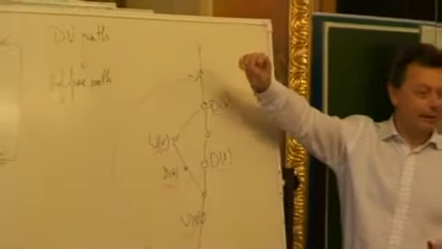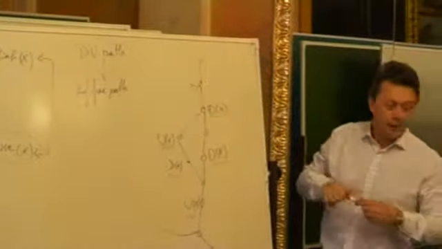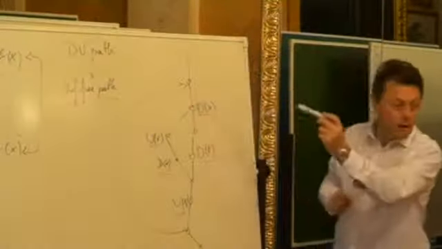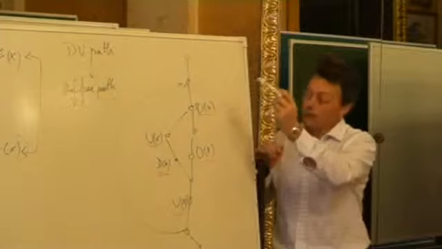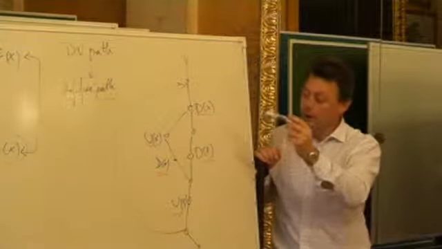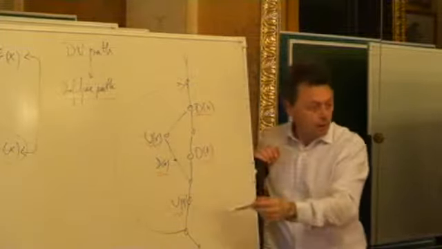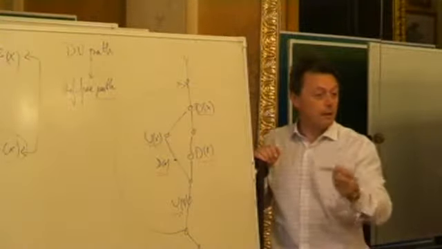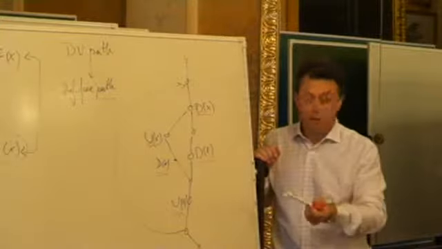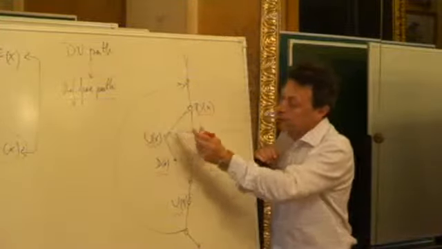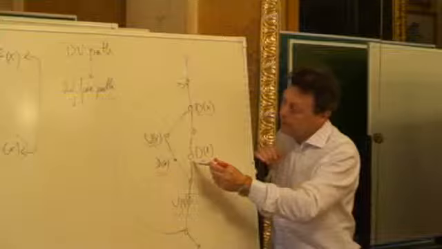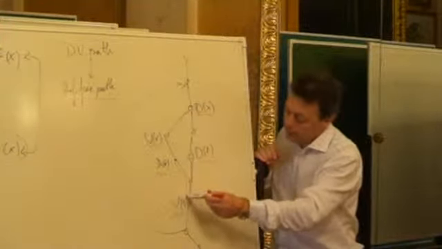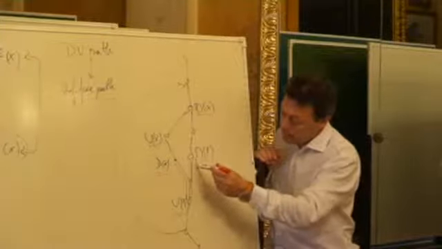That's exactly the reason for the definition-free path: I have a DU pair, a definition-use pair or definition-use path, only if I have a definition, I have a use, and I have at least one path from the definition to the use such that there are no other definitions within the path. So I compare this definition with this use, this definition with this use, and this definition with this use.